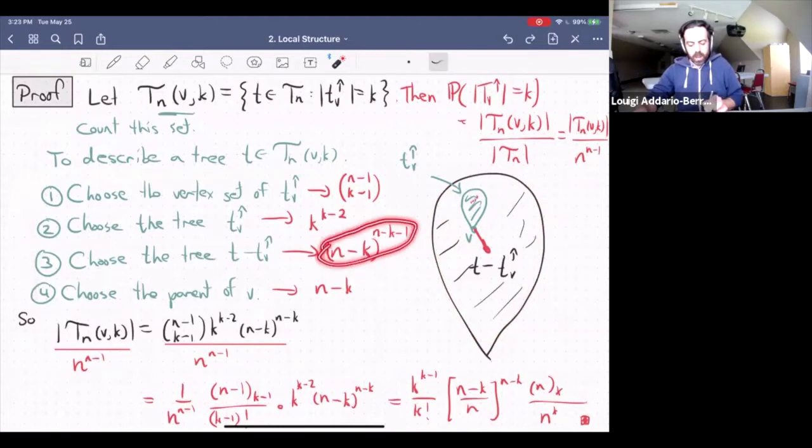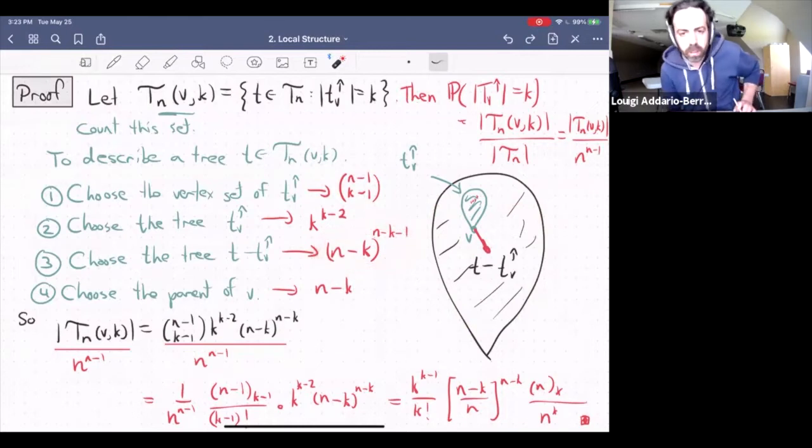Well, it just says that rather than choosing an arbitrary tree here, which gave us this combinatorial factor, now I have a factor 1 because I'm insisting on what tree I see. So that cuts down the number of possibilities by this factor.